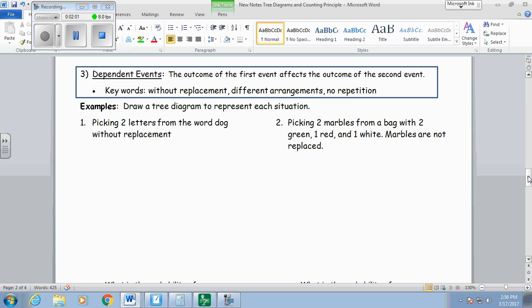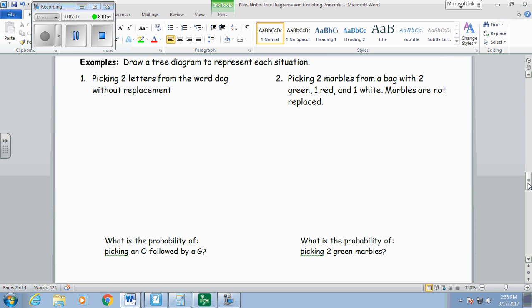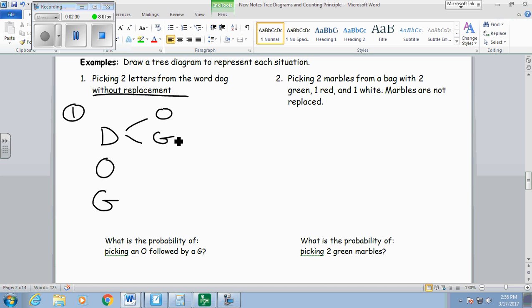Now, on your paper, it's not set up as nicely as this. So just make sure you're numbering your tree diagrams so you understand which question they go with. We're going to look at question 1 first, that says picking 2 letters from the word dog without replacement. So the first choice, I could pick a D, O, or a G. On the second choice, since it's without replacement, if I picked a D the first time, then I only have an O or G to choose from the second time.